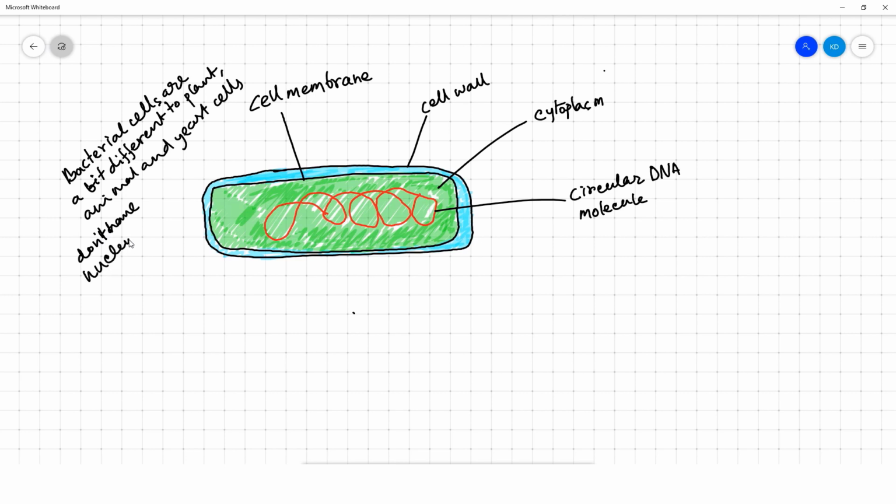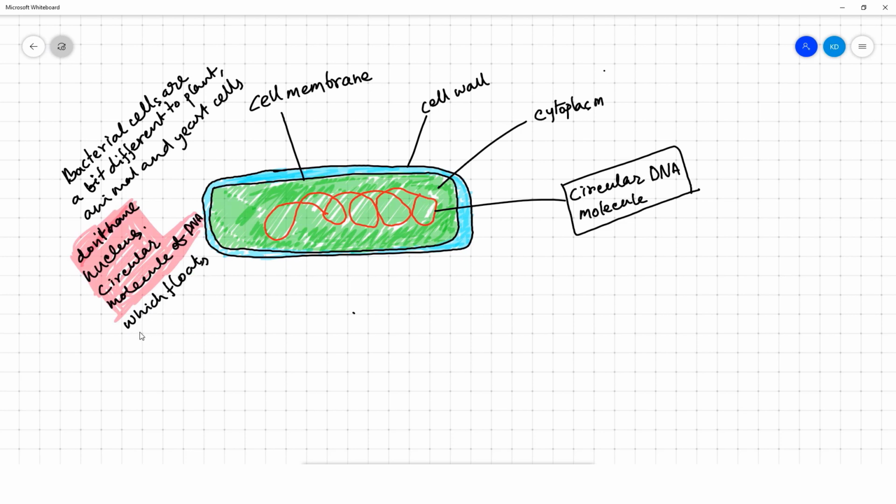Bacteria don't have a nucleus. They have a circular molecule of DNA, deoxyribonucleic acid, which floats around in the cytoplasm. They don't have mitochondria over here.